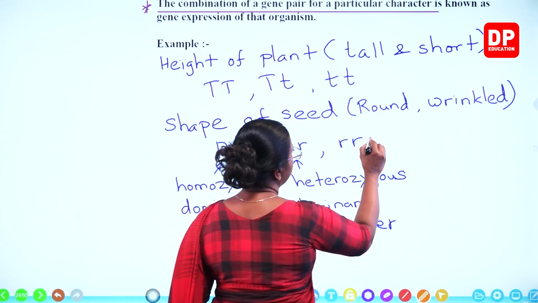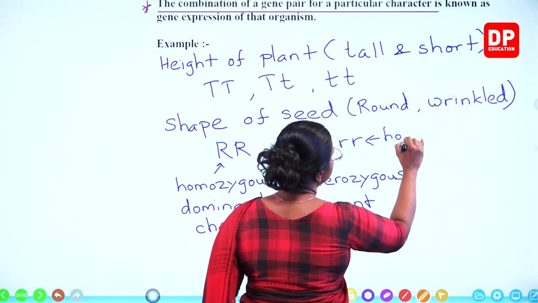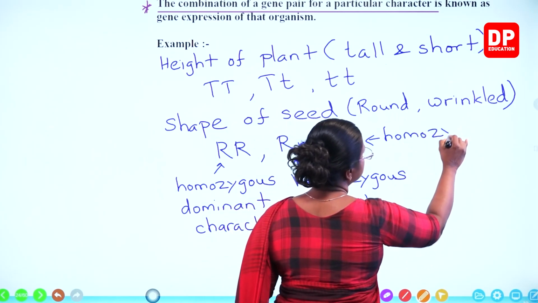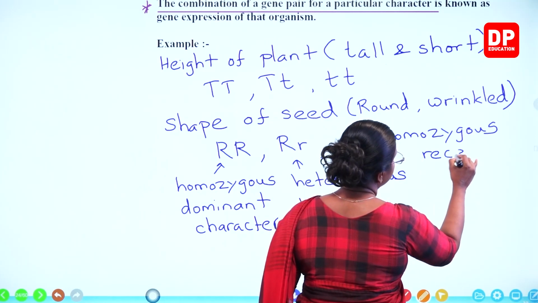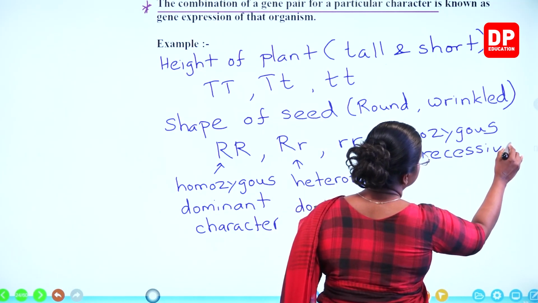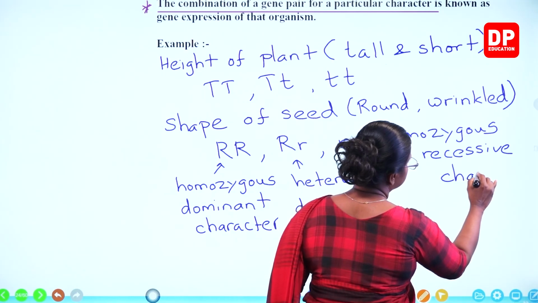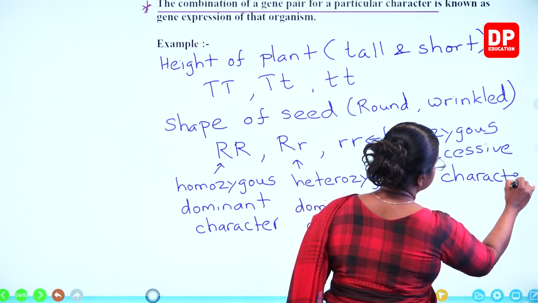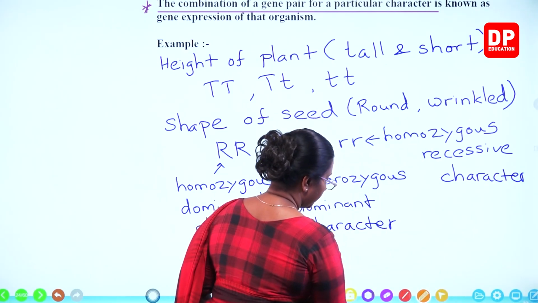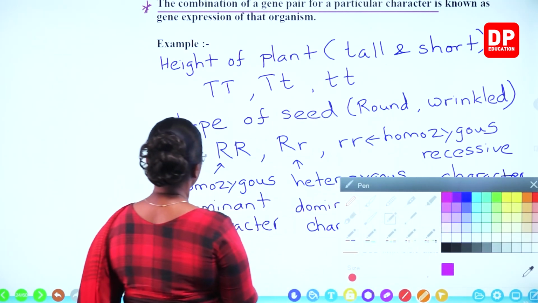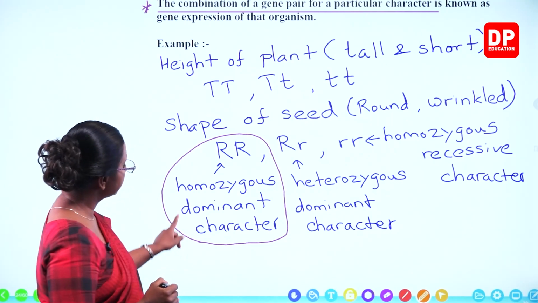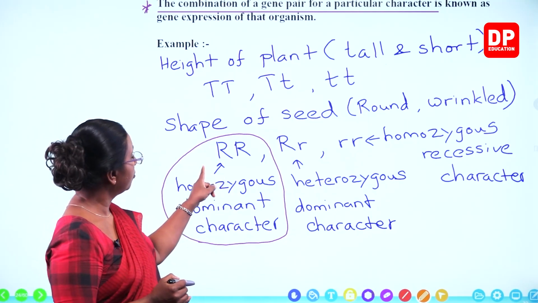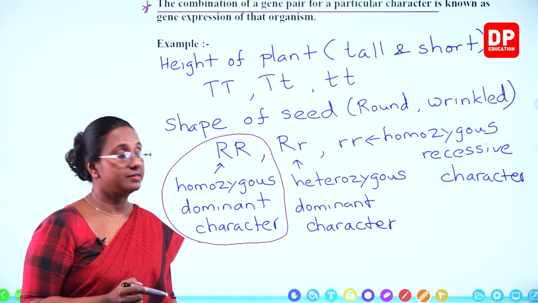And here we have a homozygous recessive character. So if we highlight all three, this is a homozygous dominant character, homozygous round seeds.